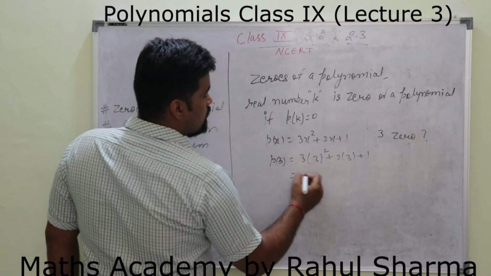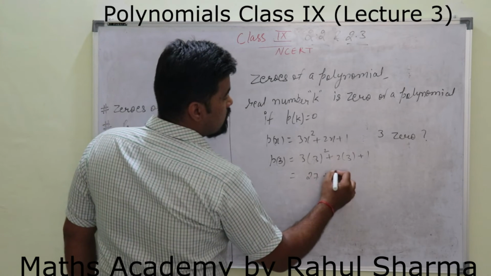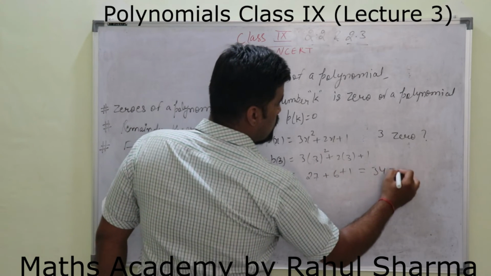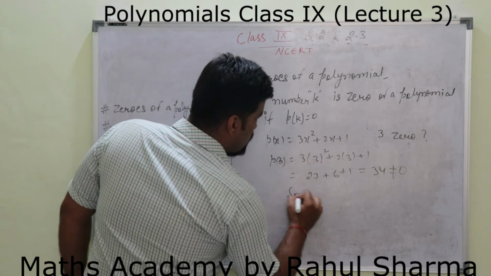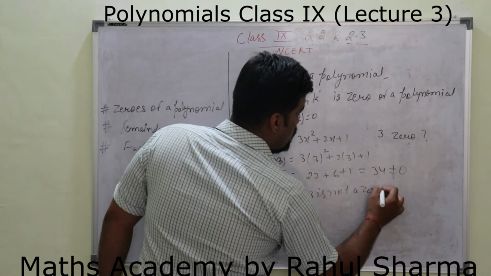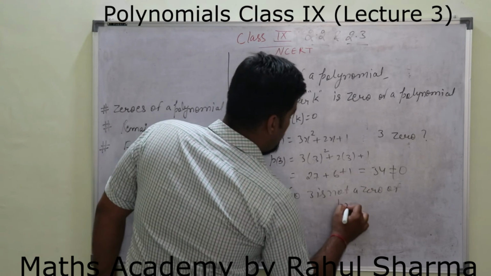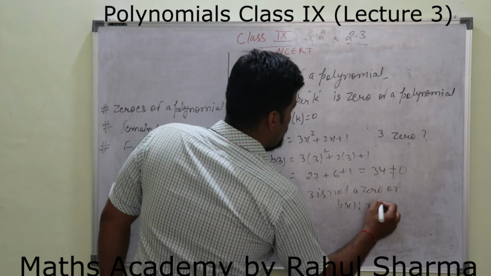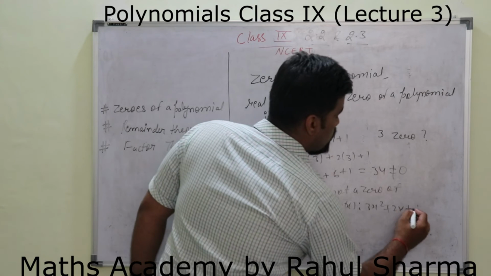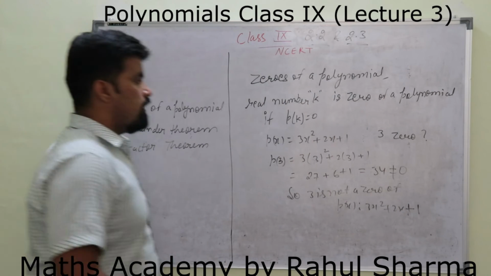So it will become 27 plus 6 plus 1. So it will become 34, which is not equal to 0. So 3 is not a zero of p(x) 3x square plus 2x plus 1. For this particular polynomial, 3 is not a zero.